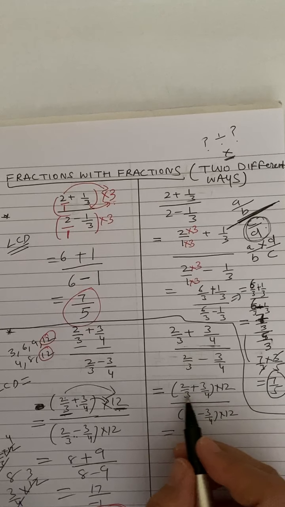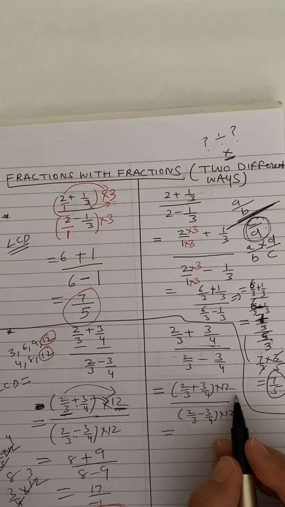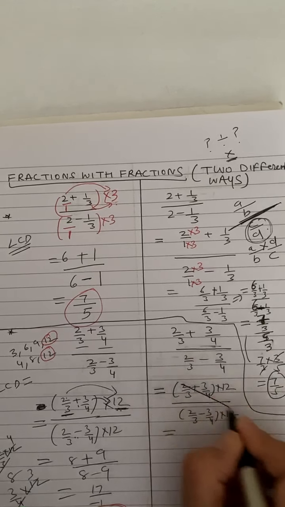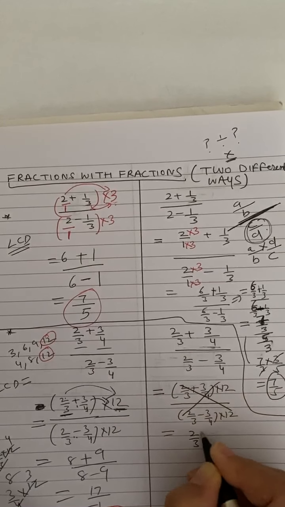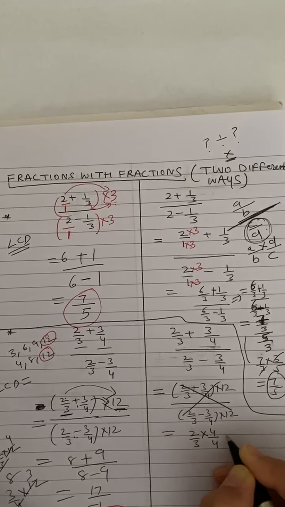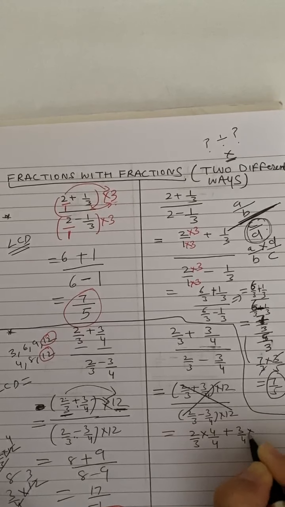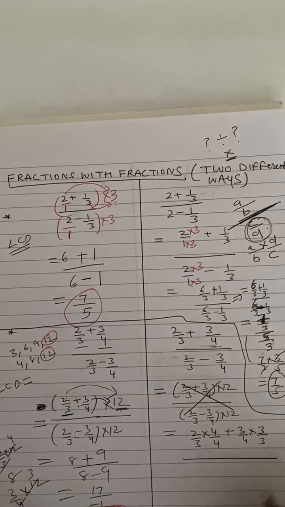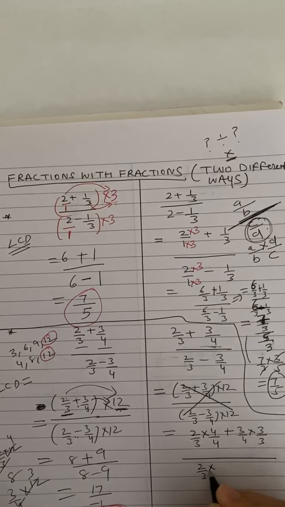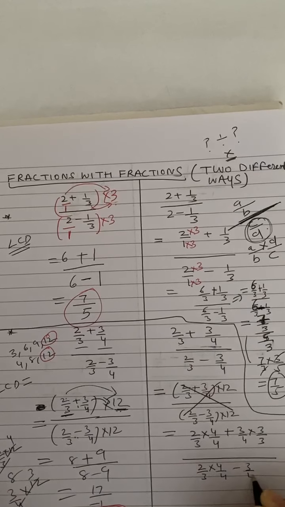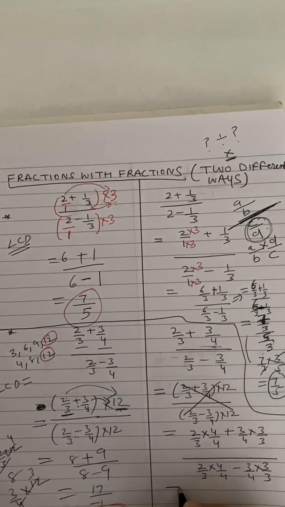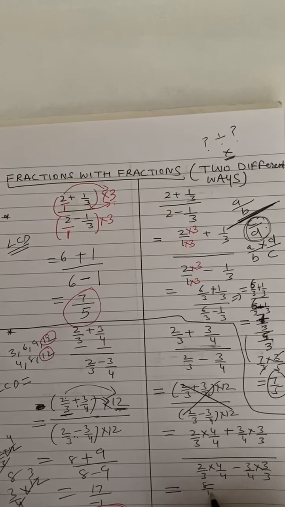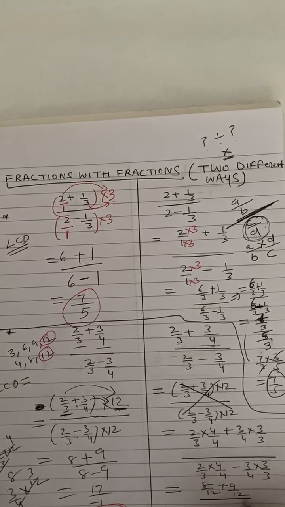So we already know here, no, sorry. Here you are doing 2 over 3 times 4 divided by 4 plus 3 over 4 times 3 divided by 3, and then 2 over 3 multiplied by 4 over 4 minus 3 over 4 multiplied by 3 over 3. So here you get 8 over 12 plus 9 over 12, and 8 over 12 minus 9 over 12.